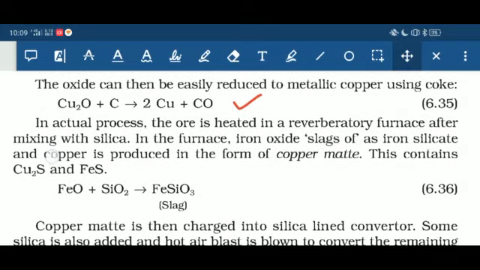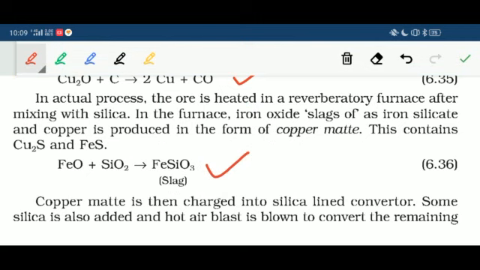Now what happens? Iron oxide, which is present in the ore, reacts with silica and converts into ferrous silicate, that is the slag, and this slag is removed from the ore, and we get a copper matte, which means a mixture of copper sulfide and ferrous sulfide.